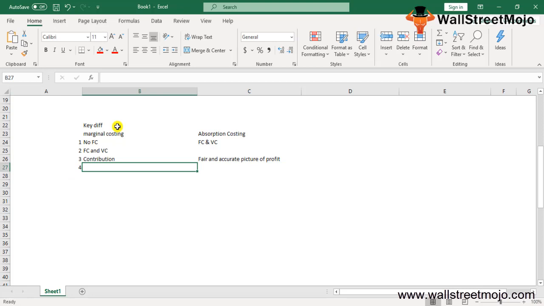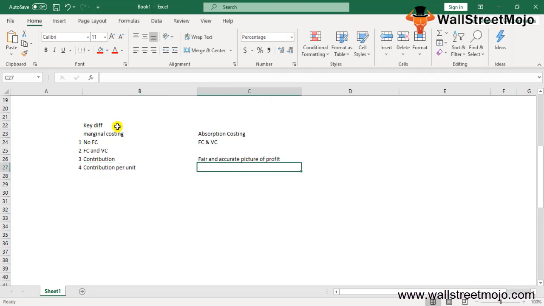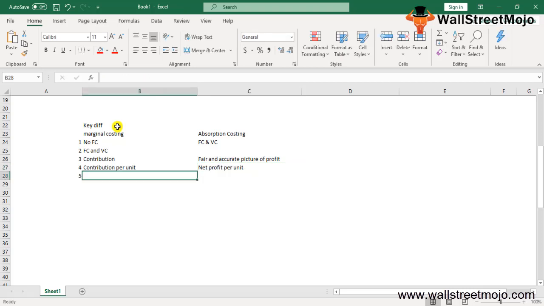Fourth, marginal costing can be expressed as contribution per unit, and absorption costing can be expressed as net profit per unit. Marginal costing is a method of costing, and it isn't the conventional way of looking at costing methods.